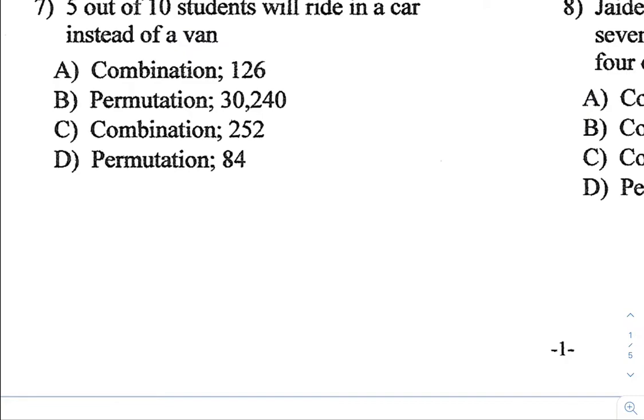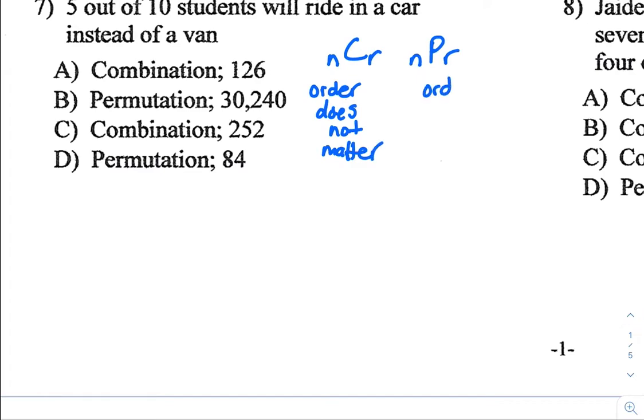So definitely look at those videos to get this notation right here. You're going to be using that notation, or you're going to be using this notation, depending on whether order matters or not. This is the one where order does not matter. And permutation is where order matters.